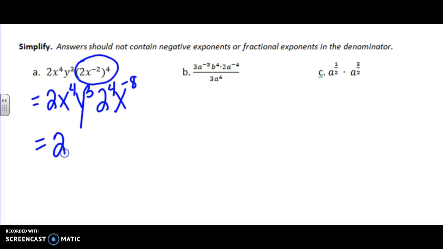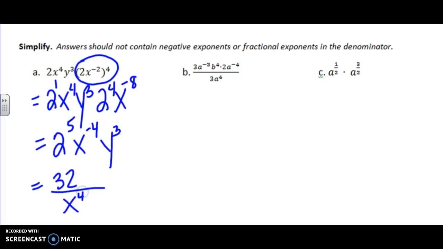When I combine my 2's, I get 2 to the 5th, because this has a power of 1. When I combine my x's, I get negative 4 because I added them. And y stays y cubed. 2 to the 5th we know is 32. I'm going to move my x's to the denominator and make it x to the 4th since it was a negative 4. And y stays y to the 3rd.